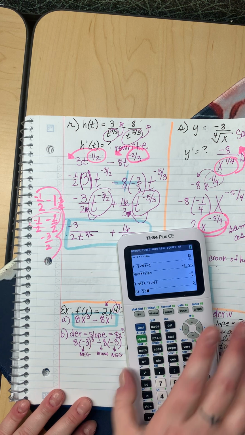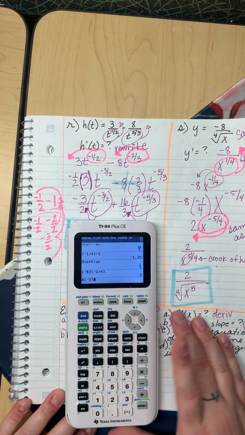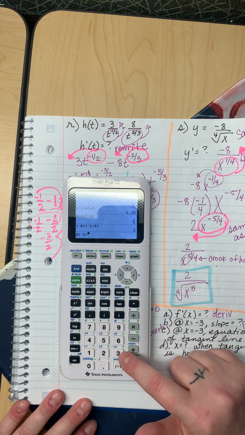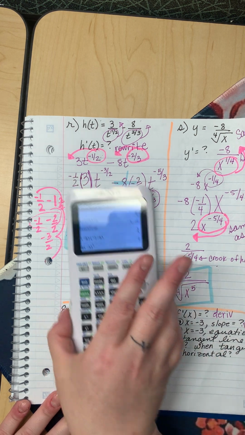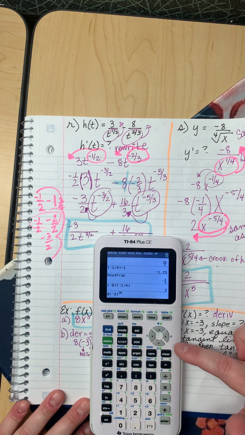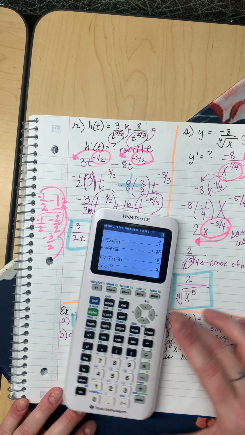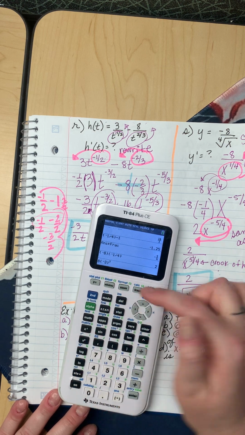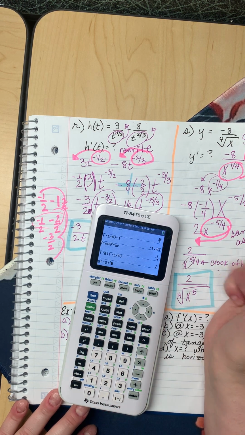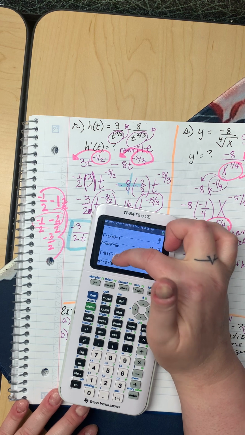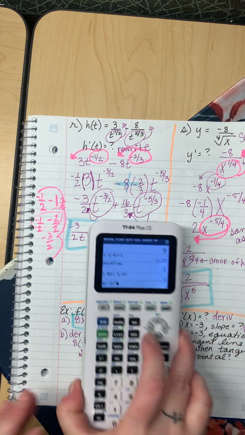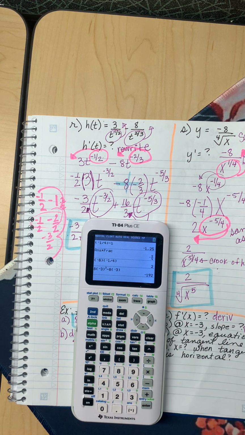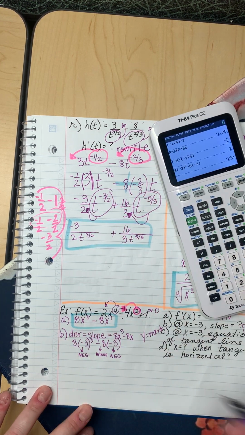And then to get that 3 in the air, you're going to raise it to the roof, as in press this little arrow button above the divide, type a 3. And then I'm going to have to bring myself back down because I'm in the air right now. So I'm going to press a right arrow button and it brings me back down. I'll show you in a minute how your calculator will look if you don't have that 3 in the air. You can fast forward. Okay, so -8 parentheses -3. And holy poop, I got -192.